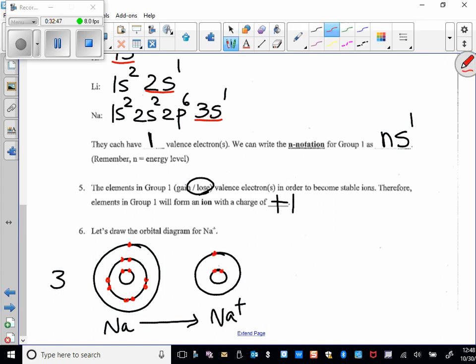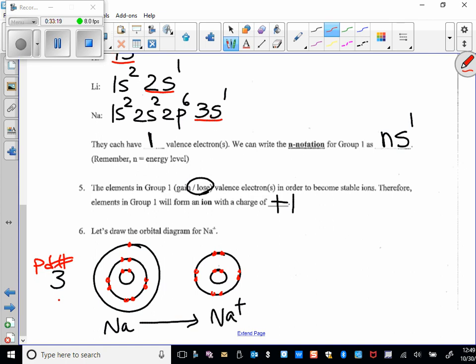Yes or no? It loses the outermost shell and becomes 8. Does it make sense? All right. Can we move on to the next page? The 3 is the energy level, the period number.